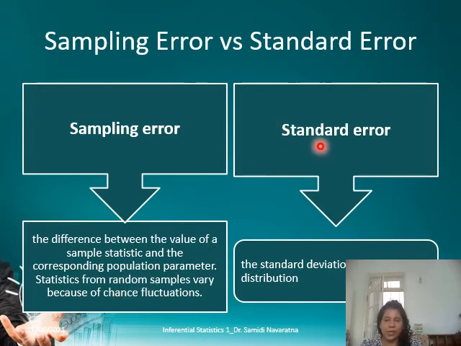So what is standard error then? Standard error is the standard deviation of a sampling distribution. So we have already discussed about the sampling distribution. So the standard deviation of a sampling distribution is the standard error.